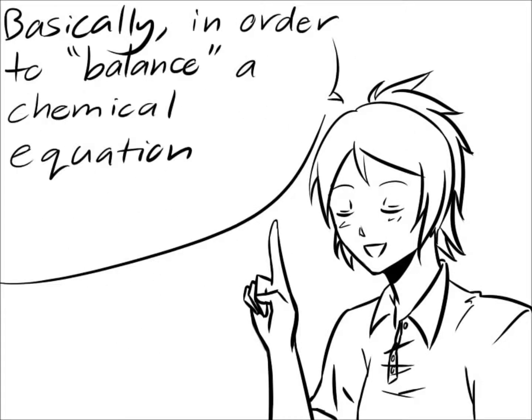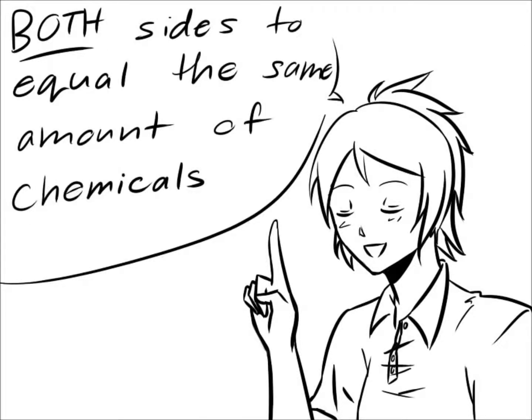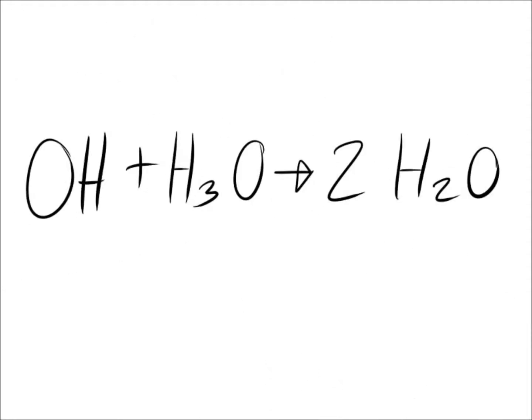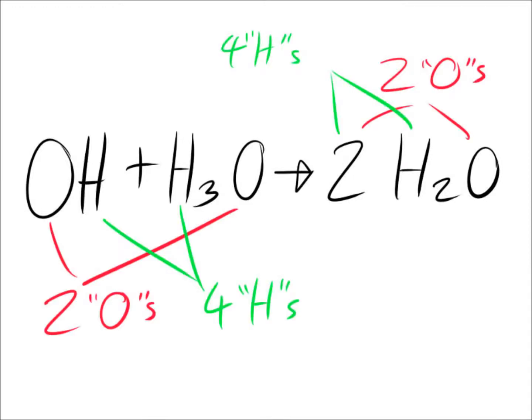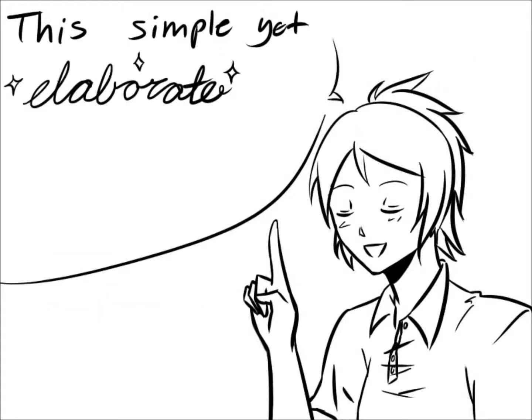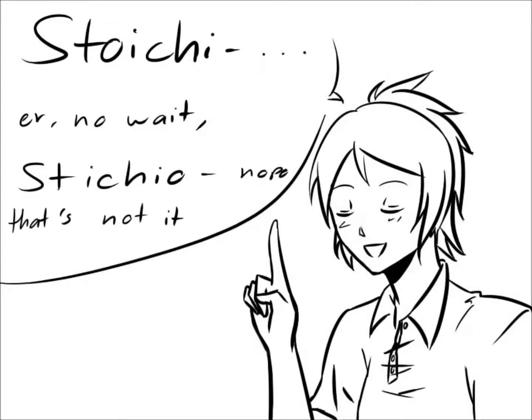Basically, in order to balance a chemical equation, you have to get both sides to equal the same amount of chemicals. For example, this chemical equation is balanced because it has the same amount of oxygen and hydrogen on both sides. This simple yet elaborate process is called... nope, that's not it.